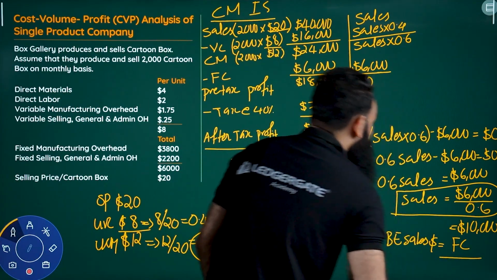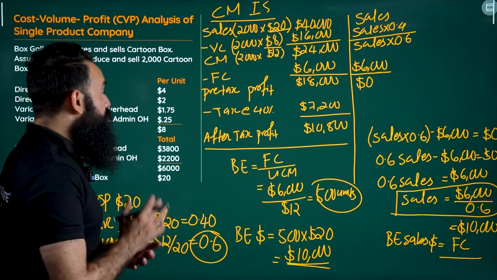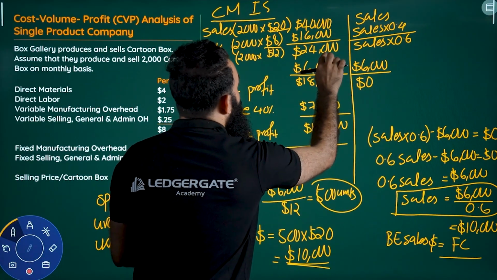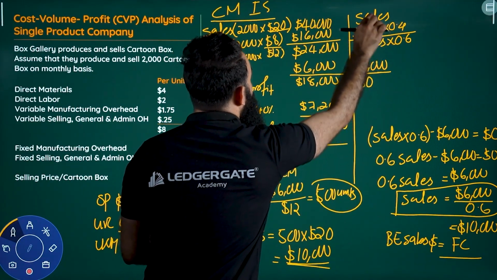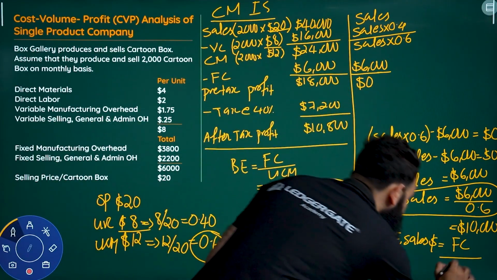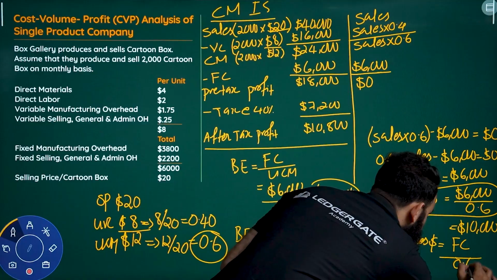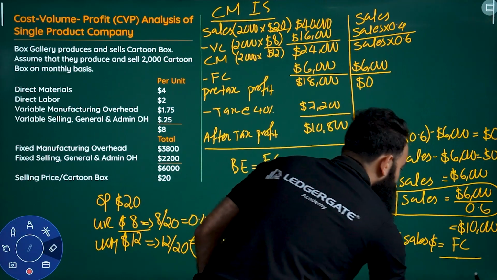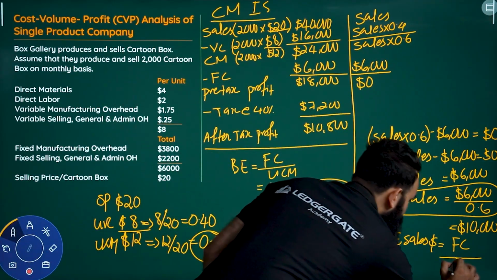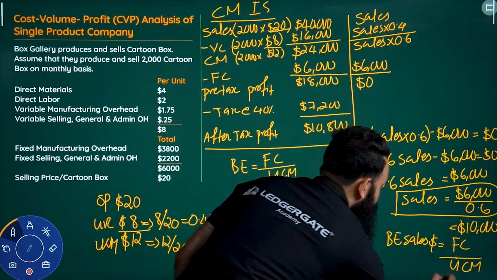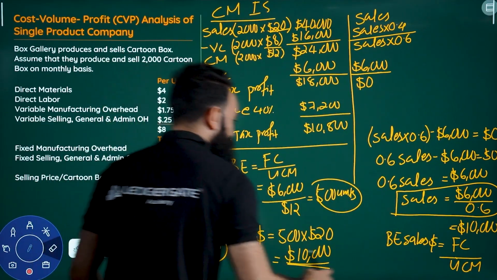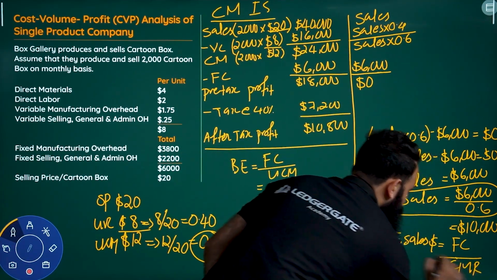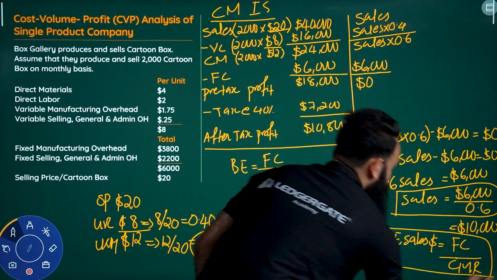Contribution margin ratio. What does it mean? How much percentage of sales belongs to contribution margin. That means this is how much percentage of this. That is contribution margin, right? So it is 0.6. Here we are writing a formula. That's why we are not giving the value over here. Instead of that, we are giving unit contribution margin ratio, CMR, right?